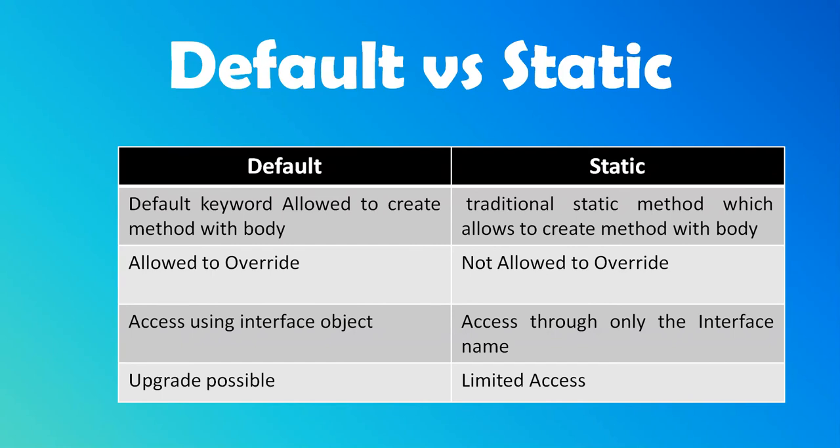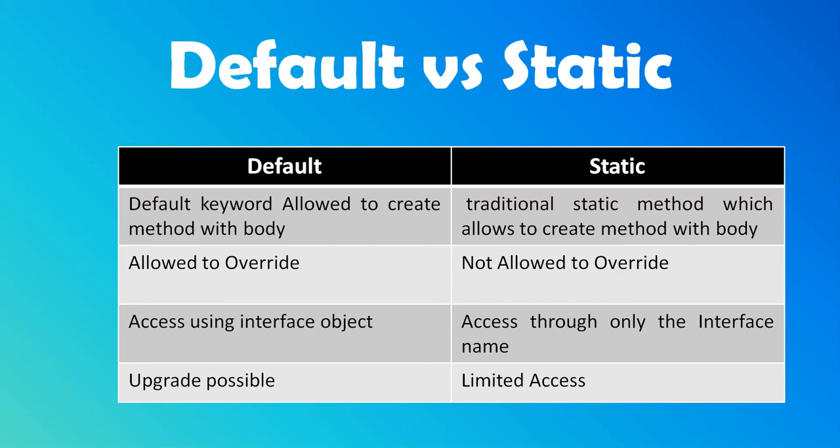There is a difference. A default method can be overridden by the class that is implementing that interface. If you are using my default method, you're allowed to override my method.